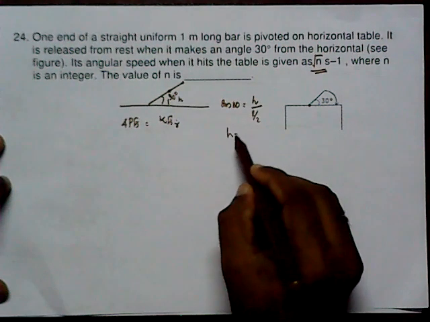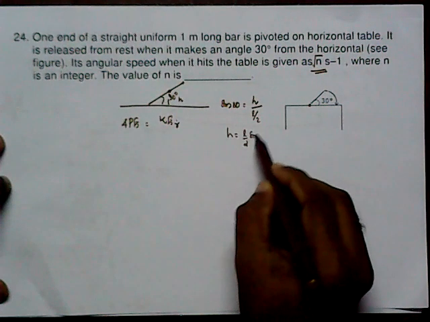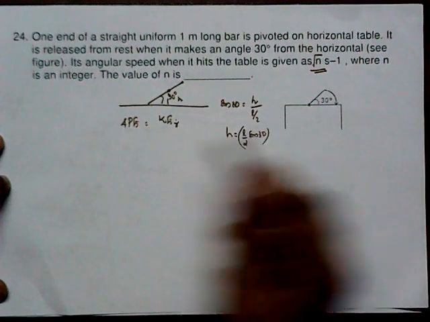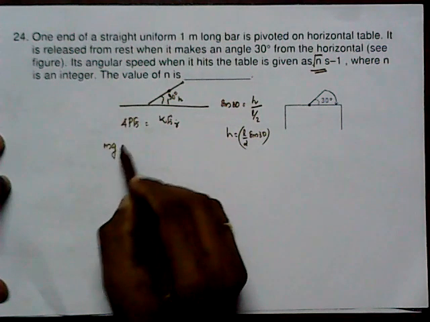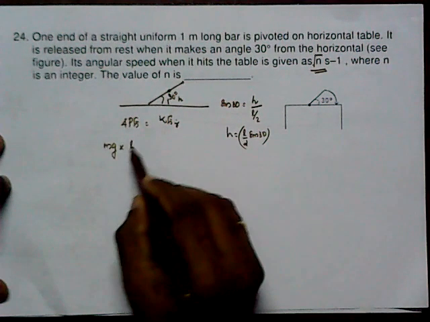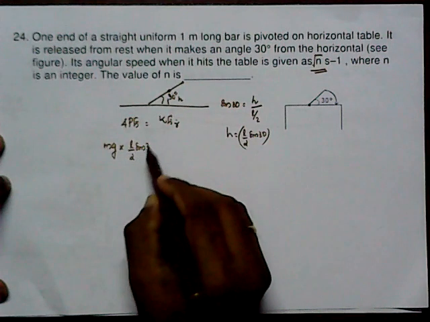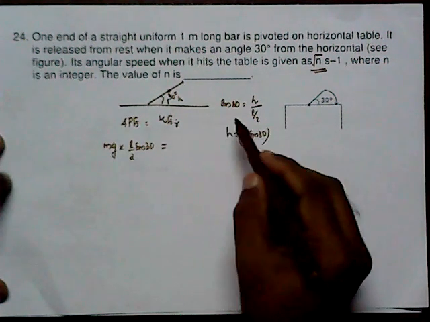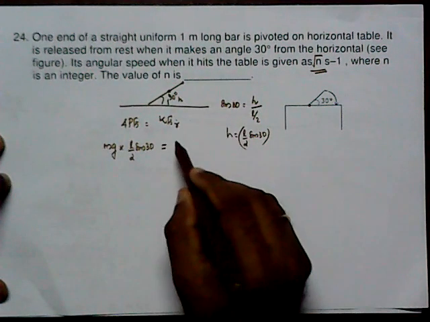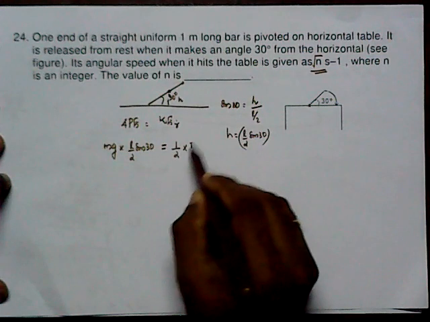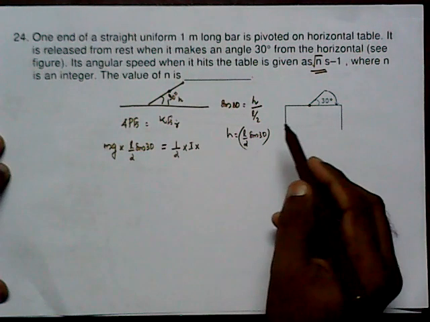So h is equal to L by 2 sine 30. Hence the potential energy is mg into h, as L by 2 sine 30. That is utilized for increasing the kinetic energy as half I omega square.